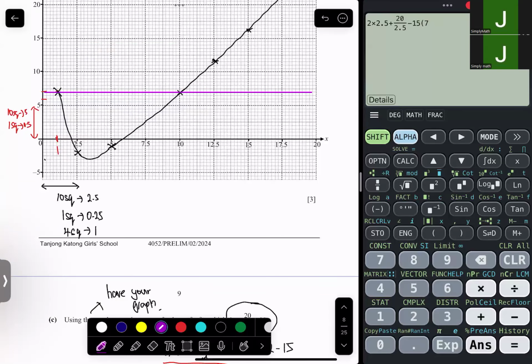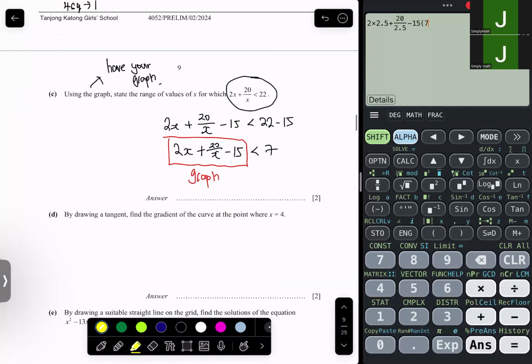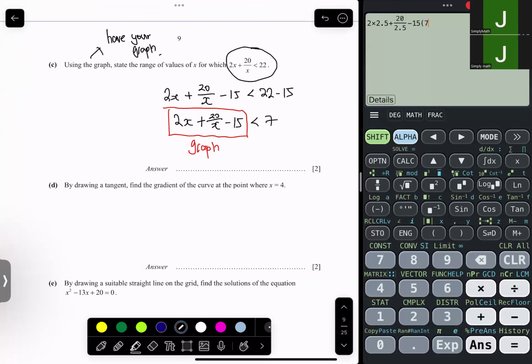That is this portion down here. These values of x will make the graph go under the 7 line. So that is from 1 to 10. The range will be x is less than 10 and more than 1. That's all.